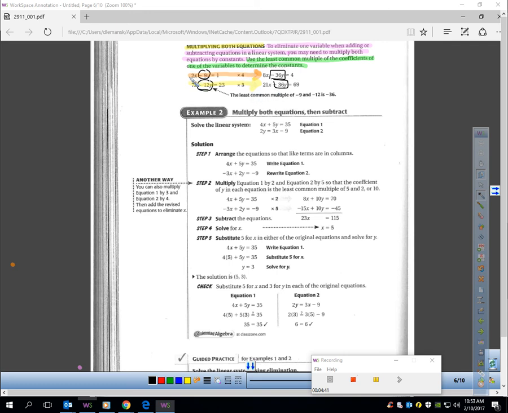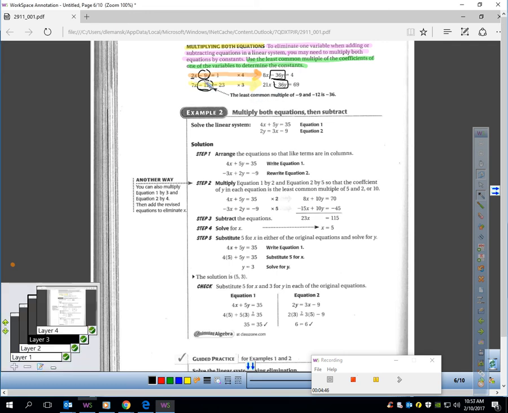Now don't forget, you've got to multiply everything by 4 in the first equation. That's why they have 8x, negative 36y, positive 4. And in the second equation, you've got to multiply every term by 3. 21x, negative 36y, and 69. Now I could subtract these two equations and eliminate.